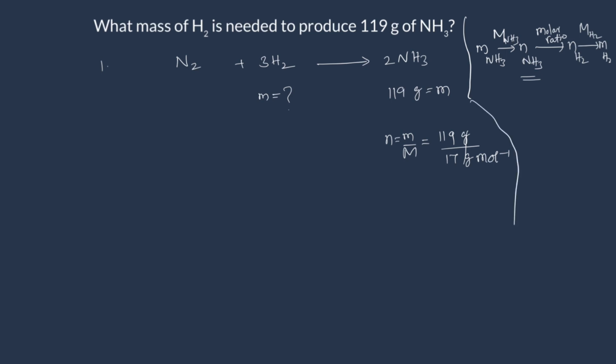In this molar ratio, the number of moles of ammonia divided by its stoichiometric coefficient is equal to the number of moles of hydrogen divided by its stoichiometric coefficient.